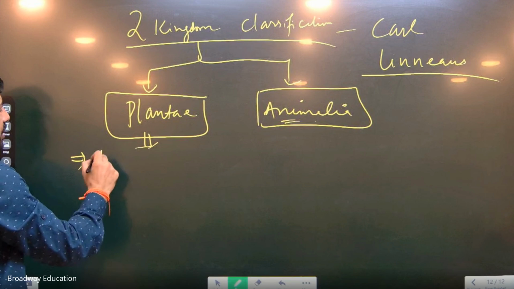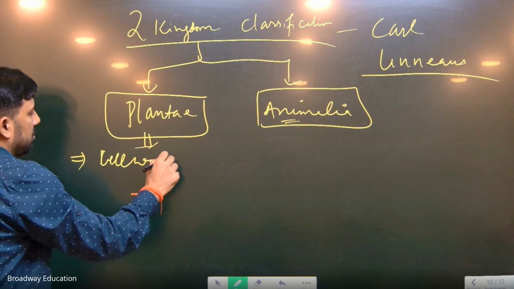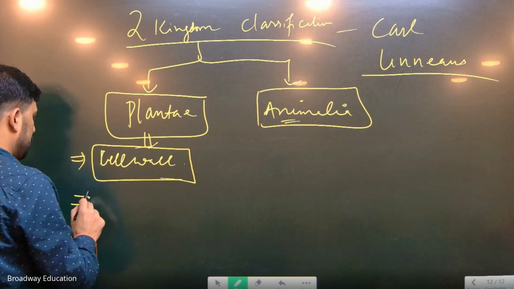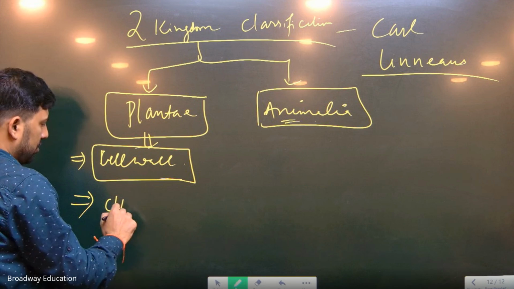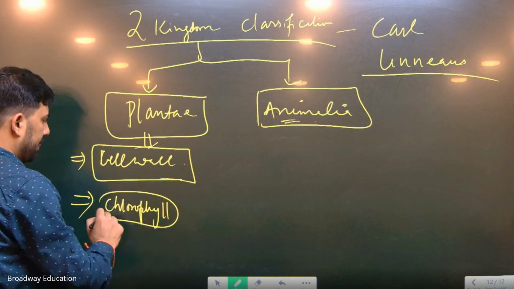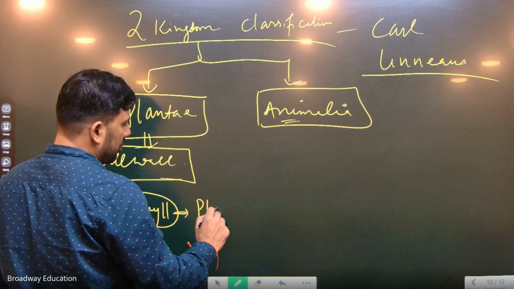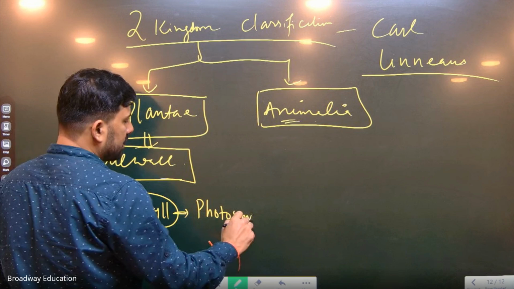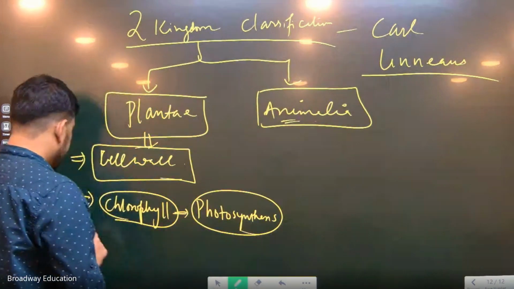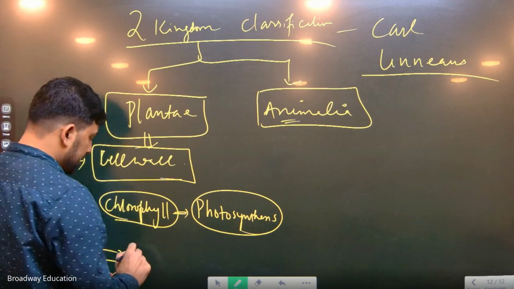What basis he chose? He said they have a cell wall, they have chlorophyll, and since they have chlorophyll, they perform photosynthesis. Getting my point? And when they perform photosynthesis, it means that they are autotrophs.